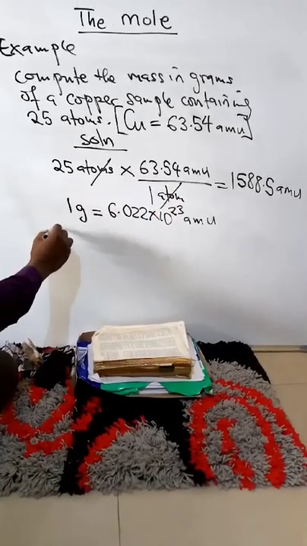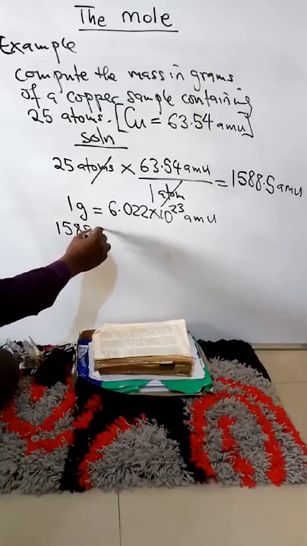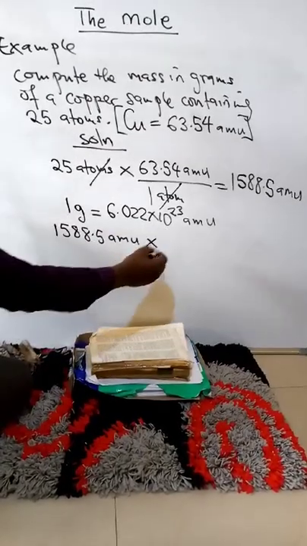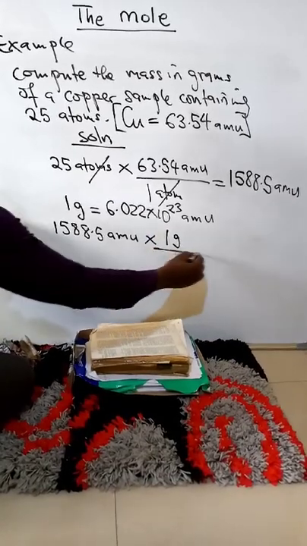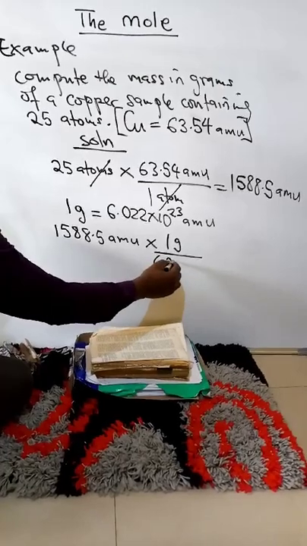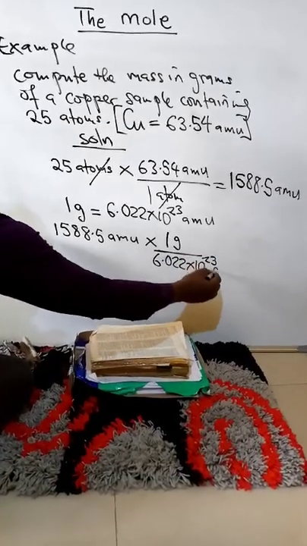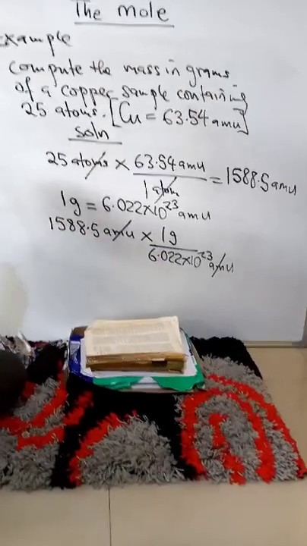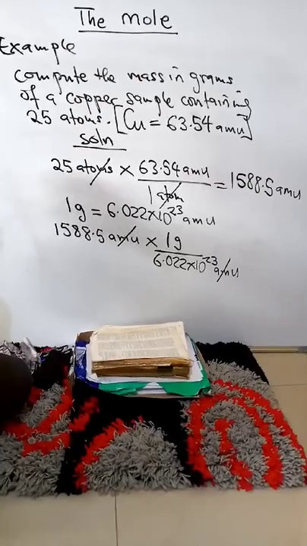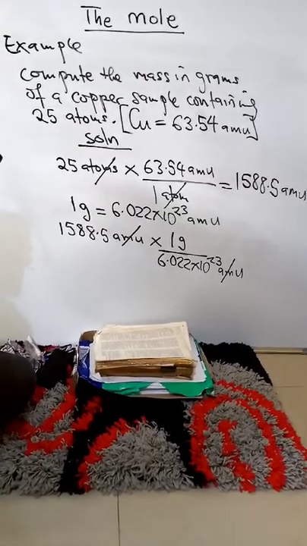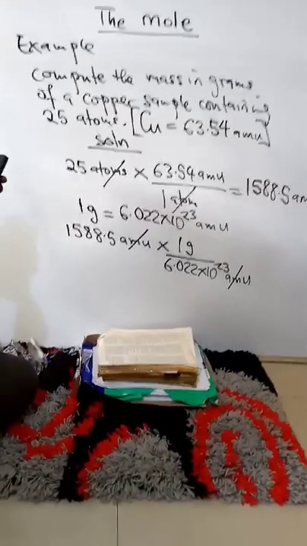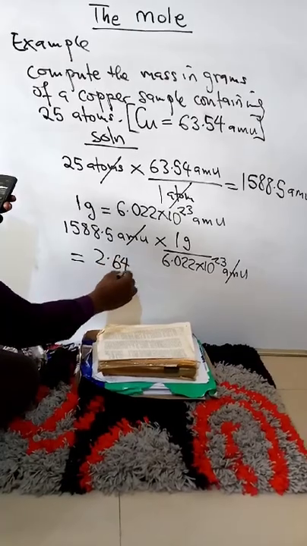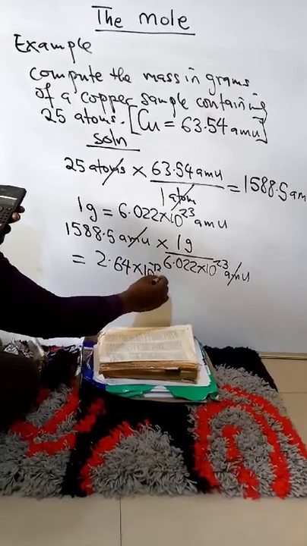We have 1588.5 AMU times 1 gram over 6.022 times 10 to the power 23 AMU, so the AMU cancel. We simply divide this number by Avogadro's number, which gives 2.664 times 10 to the power negative 21 grams.